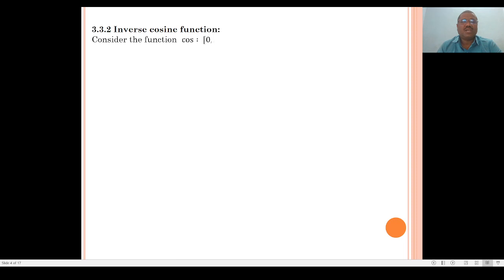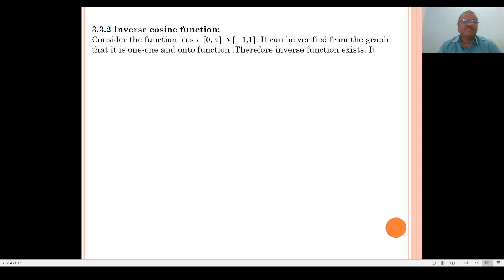Consider the function cos from closed interval 0 to pi to minus 1 to 1. It can be verified from the graph that it is one-one and onto function, and therefore inverse function exists. It is denoted by cos inverse, and this cos inverse is a function from closed interval minus 1 to 1 to 0 to pi.